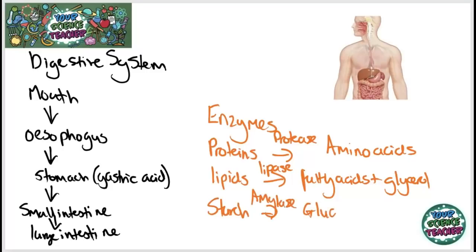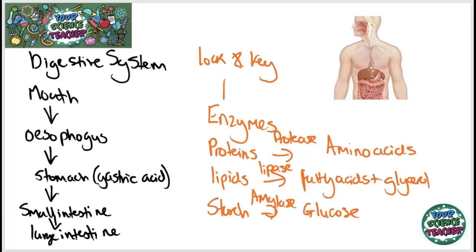Now, the way these enzymes work is by something called the lock and key mechanism. Basically, it just means that each enzyme is specific to that nutrient group, and they bind together in an enzyme substrate complex before breaking off and producing smaller products.